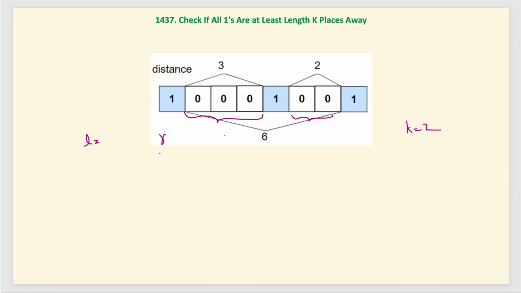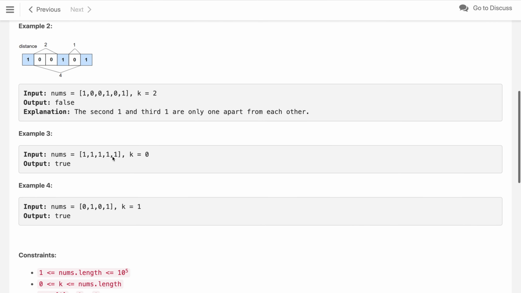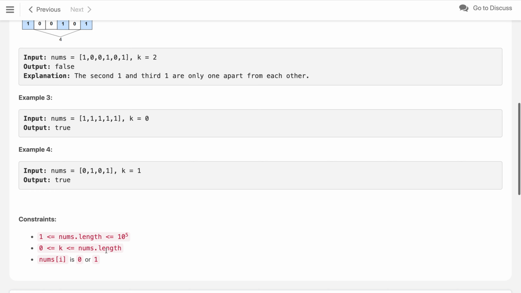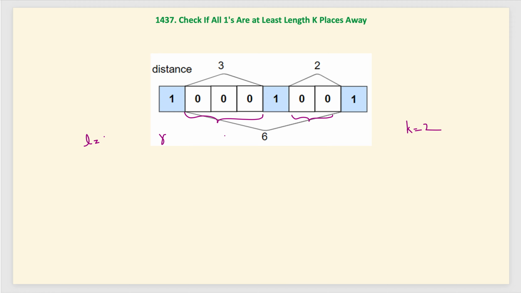If it is not, we return false right there. For the first case, we initialize L with a very big negative number, or minus k minus 1. Since k can be up to nums.length, and nums.length can be 10 to the power 5, to be safe we can start with minus 10 to the power 5 plus 1.